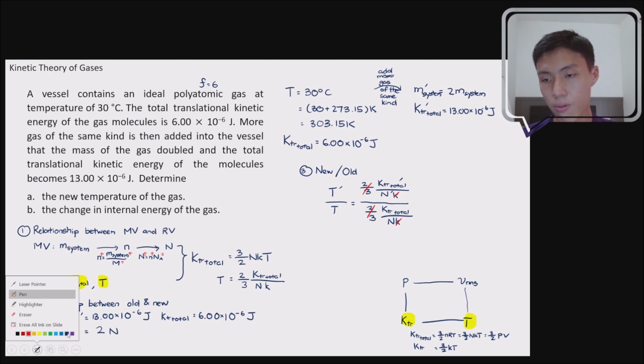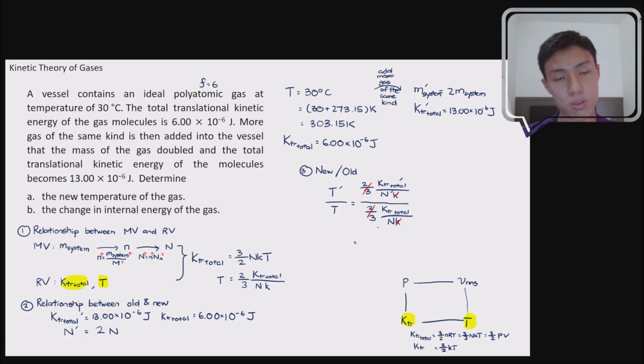Okay, so now we can further simplify the equation or substitute in the equation. Both are fine. So you know that KTR total new is 13.0 times 10 to the power negative 6 divided by the new N. The new N is just equal to 2N.